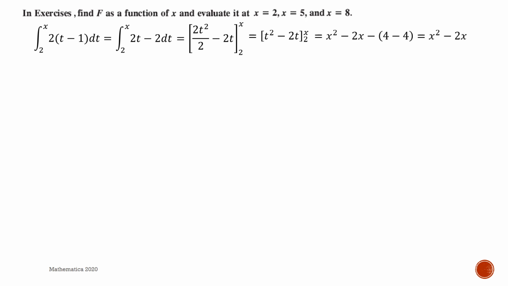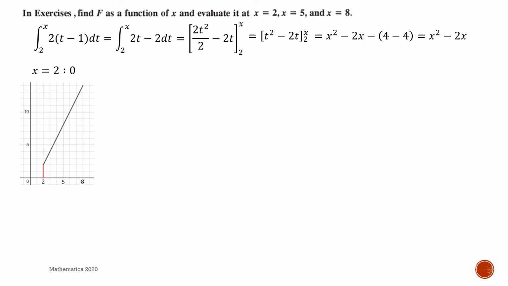I evaluate, and I come up with this particular rule. Now, x squared minus 2x is a general rule to allow me to find areas underneath the curve at arbitrary x values. So if I have this graph and I was looking at x equals 2, then technically my definite integral would be from 2 to 2. And by definition I'm not really going anywhere, so the area underneath that curve is going to be 0.